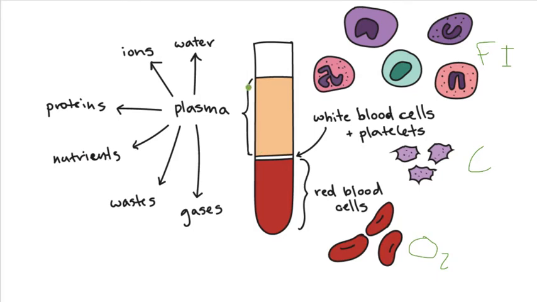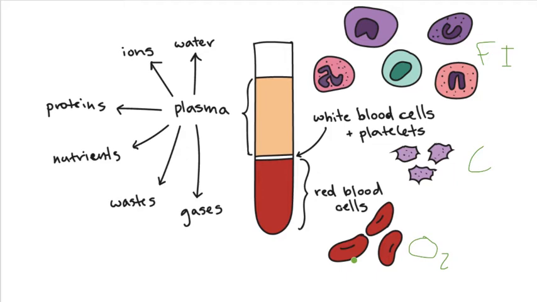It's kind of a yellowy colour. It's a little bit less orange than this one is. And it's mainly water. It's also got some ions, some proteins, some nutrients, there's some waste products like urea and carbon dioxide, and some dissolved gases like, again, carbon dioxide, already mentioned it. So most of the stuff is actually carried by your plasma.